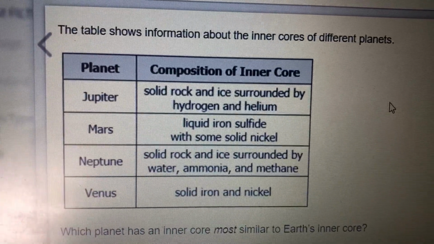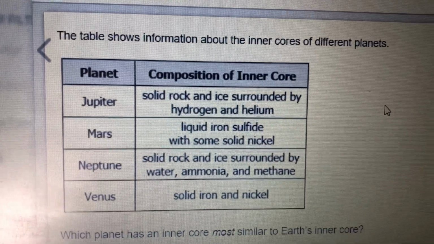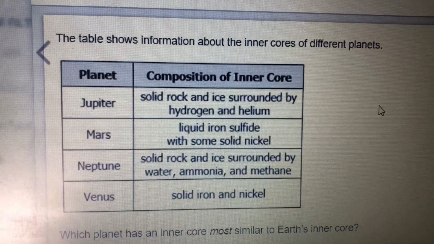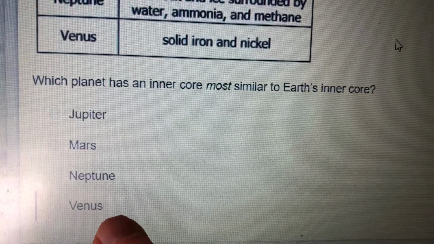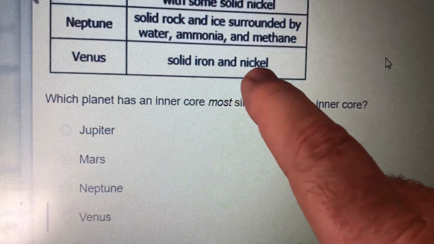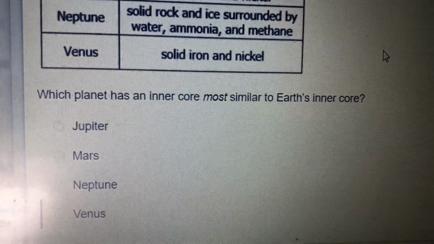Take a look. Think about it. And the right answer is Venus. That's right. It is solid and it is iron and nickel. Yeah, just like Earth's.